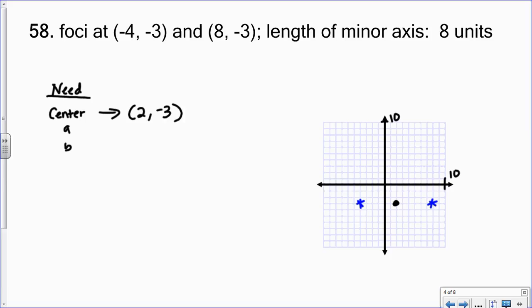Okay, now I can fill in that the length of the minor axis is b. That means the whole axis. So from my center, it's 4 units up and 4 units down, which gives me a total of 8 units. How did I know the minor axis was vertical?